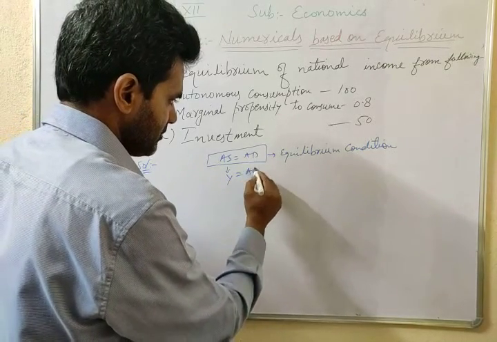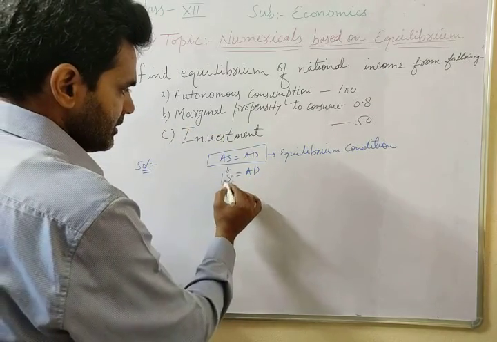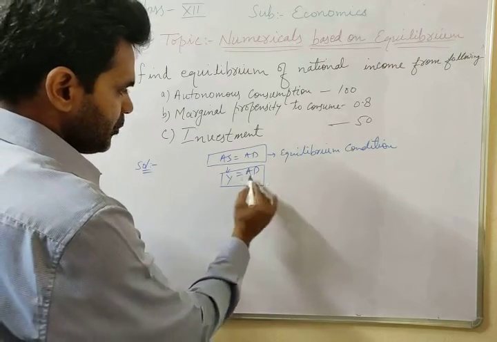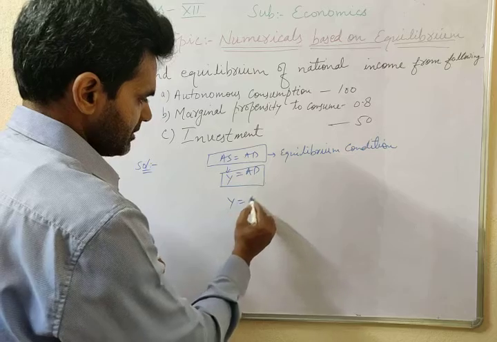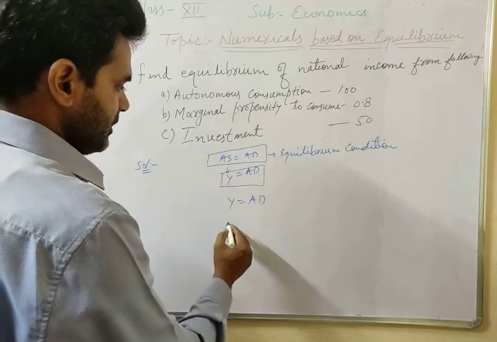So Y is equal to AD. This can be the condition of equilibrium. So we put this equation over here, Y is equal to AD. We have to calculate Y.